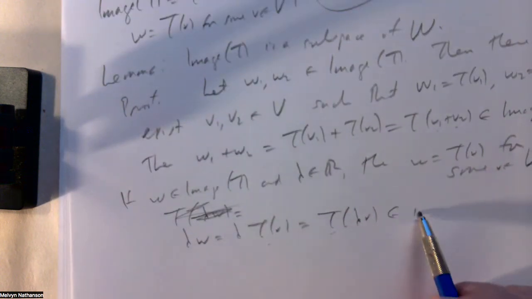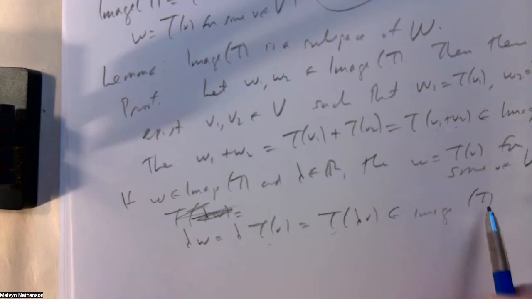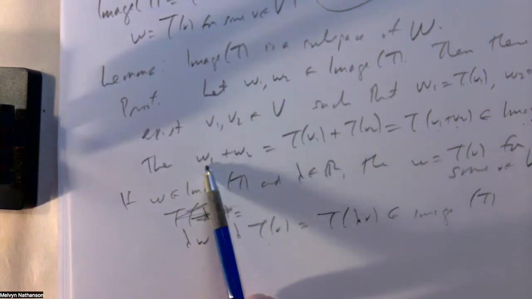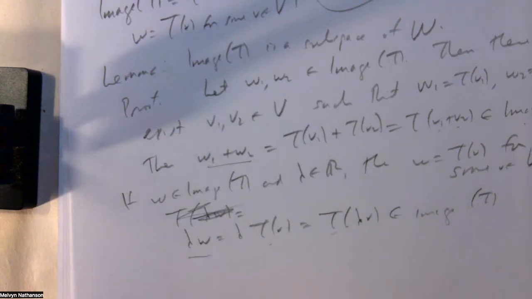So this is also in the image of T. So the image of T is closed under vector addition and scalar multiplication. So it's a subspace.